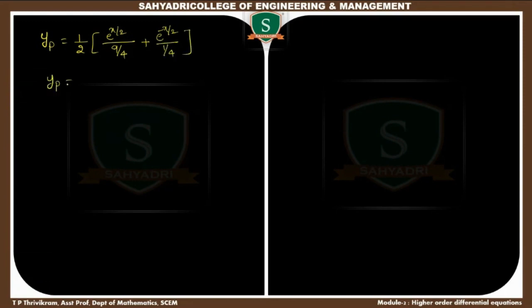So yp is nothing but, if you take the reverse and cancel it, you'll get 2 by 9 e power x by 2 plus 2 into e power minus x by 2. I have multiplied this 2 inside, so I'll get 9 by 2, here 1 by 2. If you reverse it, I'll get this much. So this is yp.